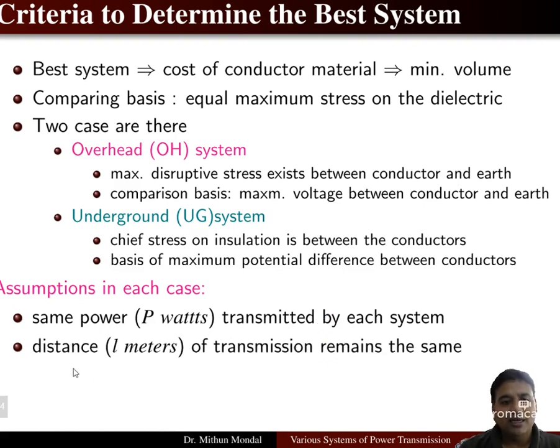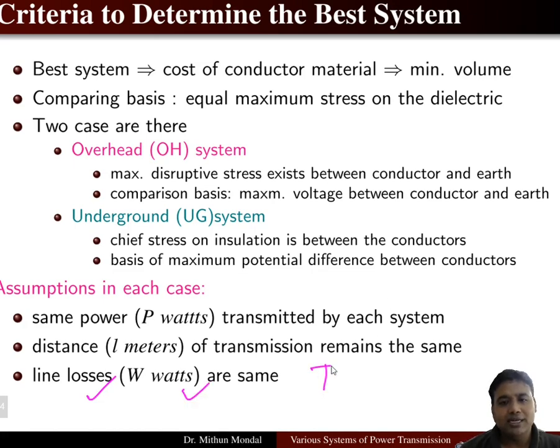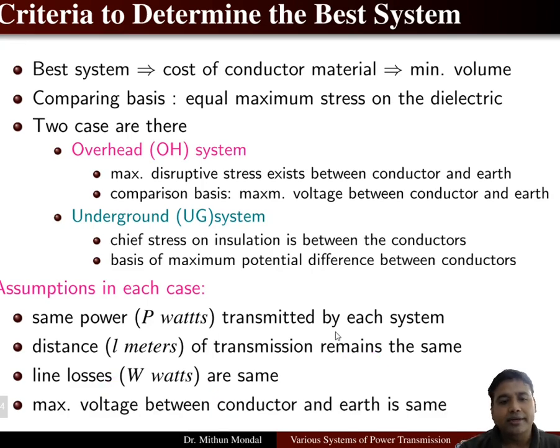Second, the distance of transmission remains the same. So the distance for which the power has to be transmitted, L meters, will be the same. Third, the line losses will be the same. So the line losses is basically I square into R. So this R will remain the same for all the conductors.